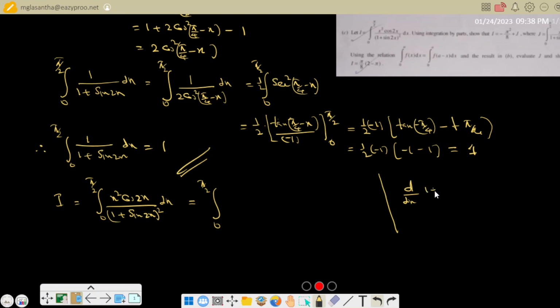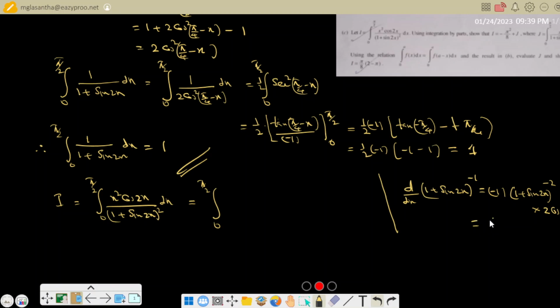d over dx of (1 plus sine 2x) to the power of minus 1. If you differentiate this one, this equals minus (1 plus sine 2x) to the minus 2 into 2 cos 2x. Right?